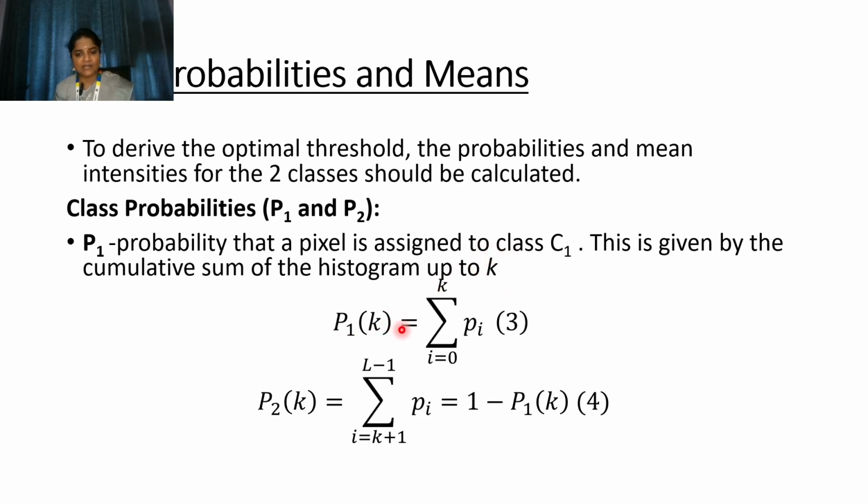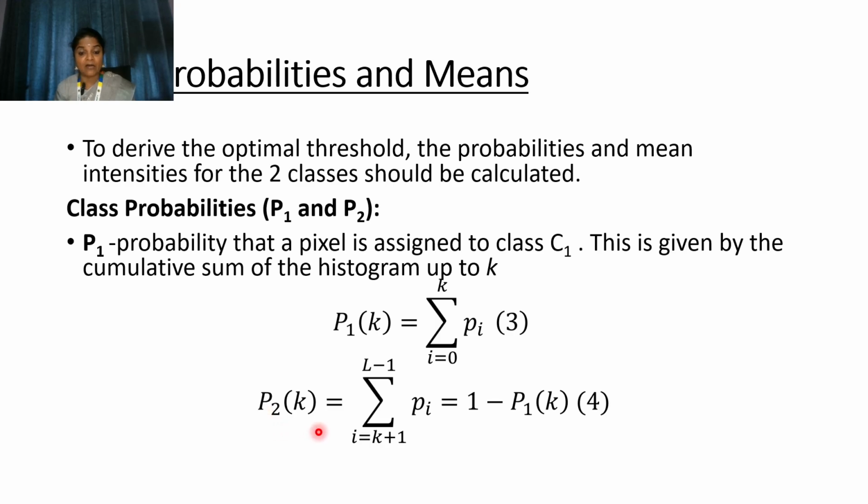P1 of k is equal to summation i equals 0 to k of Pi. This is the class probability of class C1. Then P2 of k is going to be the summation i equals k plus 1 to L minus 1 of Pi. Obviously, since we have normalized the histogram, P1 plus P2 is going to be equal to 1.